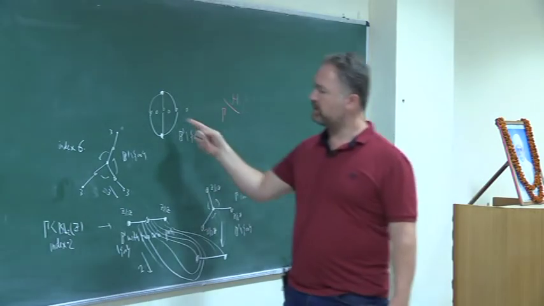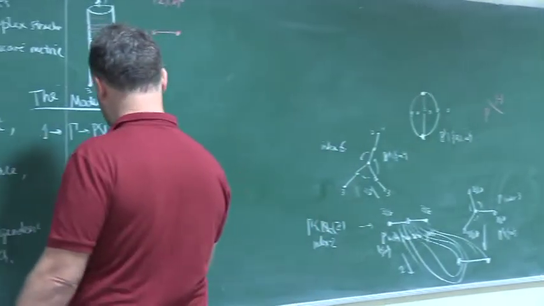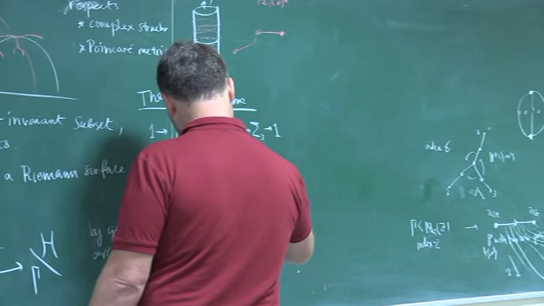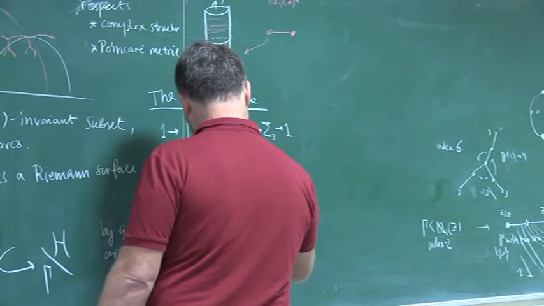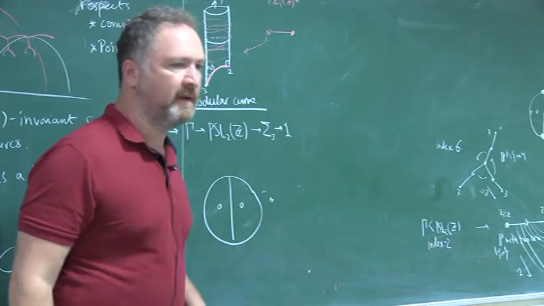Now, let us concentrate on this, or let us simplify that figure further. Just consider this graph drawn on the sphere with 3 punctures, 1 at infinity and 2 punctures here.